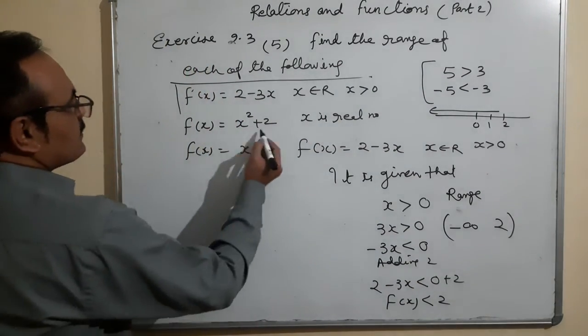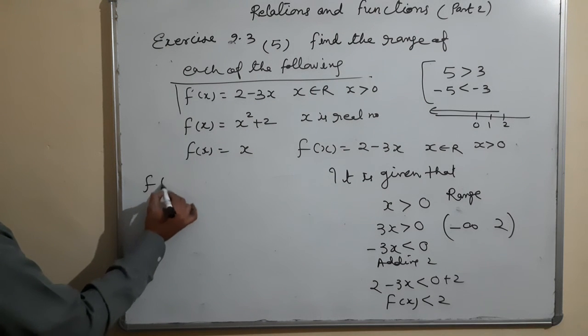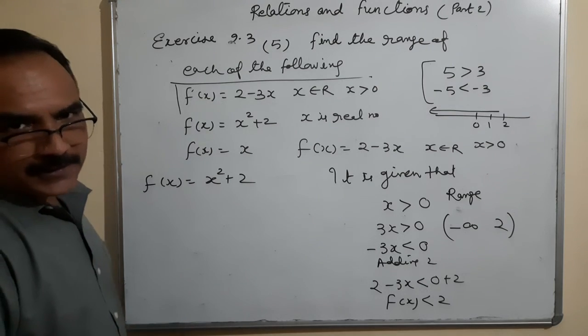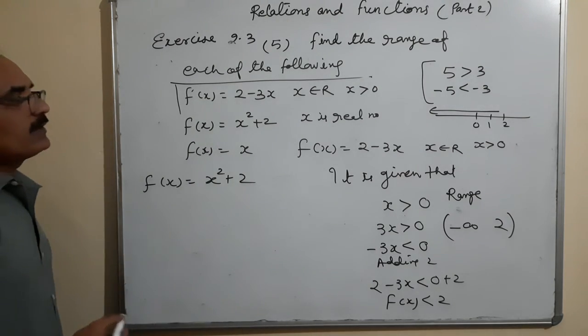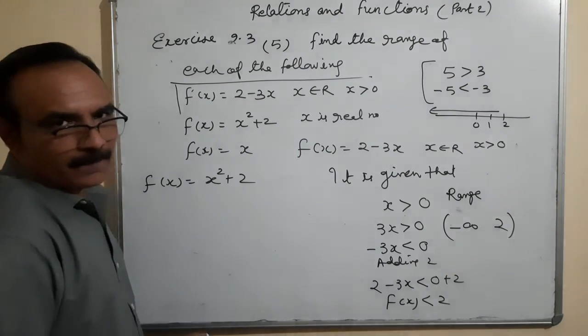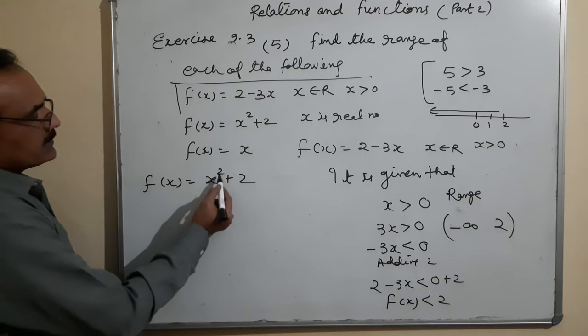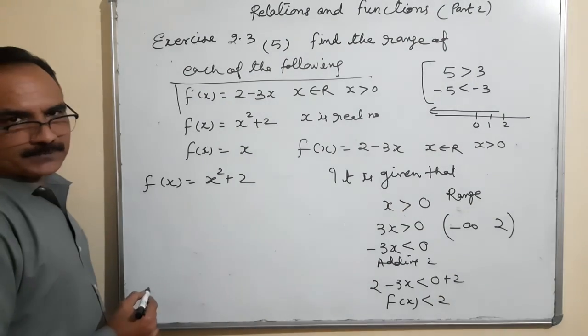Now let us see the range of the second one. F of x is equal to x square plus 2. What is the range of it? Because x is a real number, one condition is clear: x square is always positive.